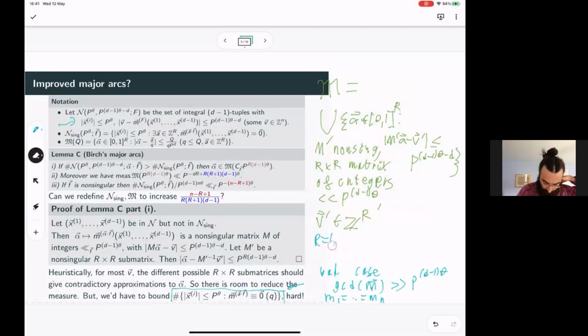So the bad case should be when the GCD of the elements of this vector is large.